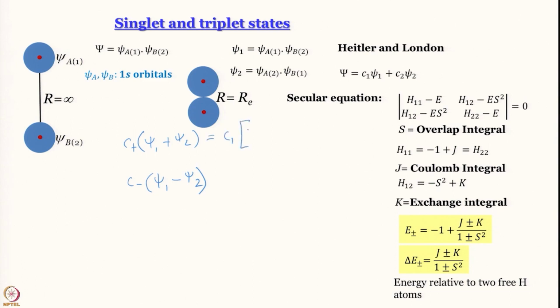C plus multiplied by psi a1 psi b2 plus psi a2 psi b1, and this is plus, this is minus, C minus, psi 1 is psi a2 psi b, no, what am I doing?